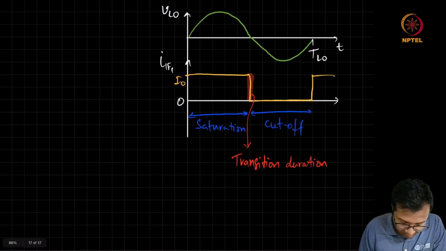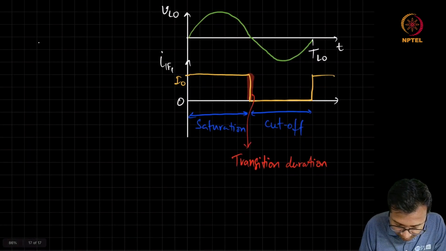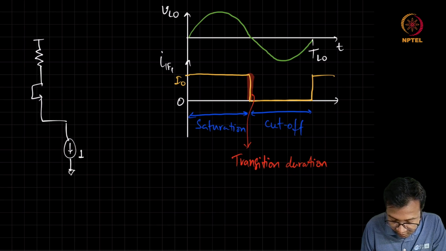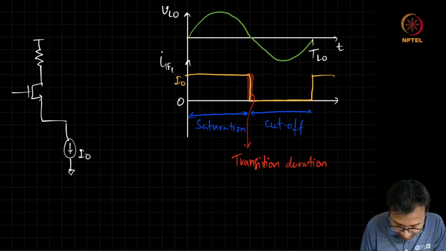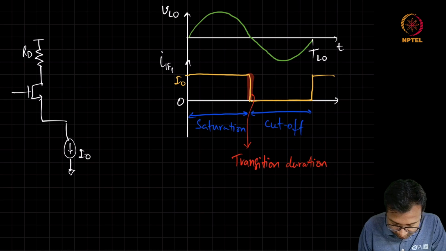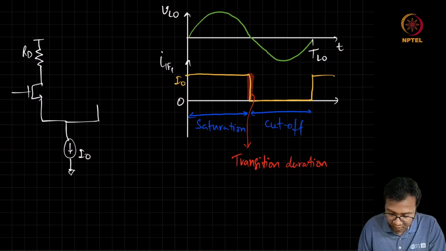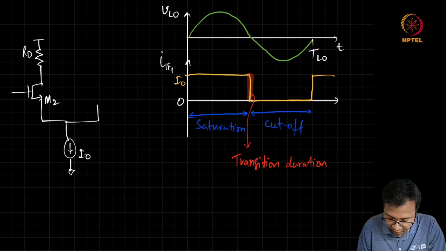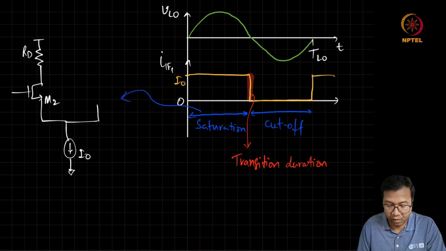So during saturation, the equivalent circuit can be, here I will show this I0 current. Here we did not show M3. So during this period, this is the equivalent circuit.